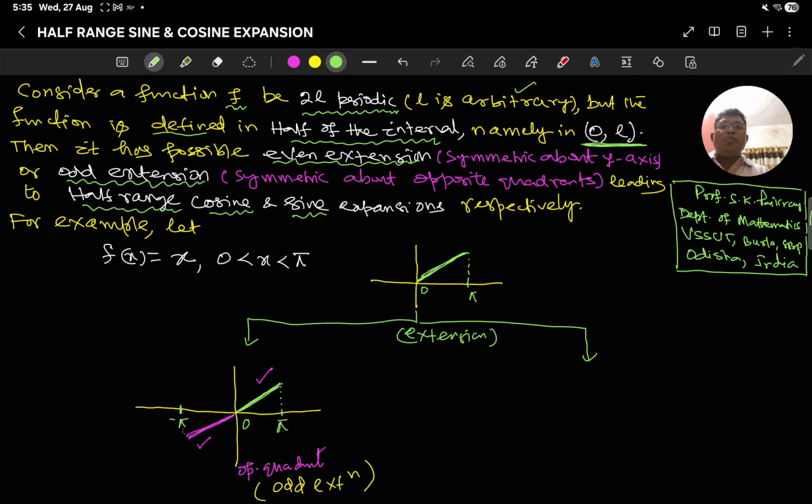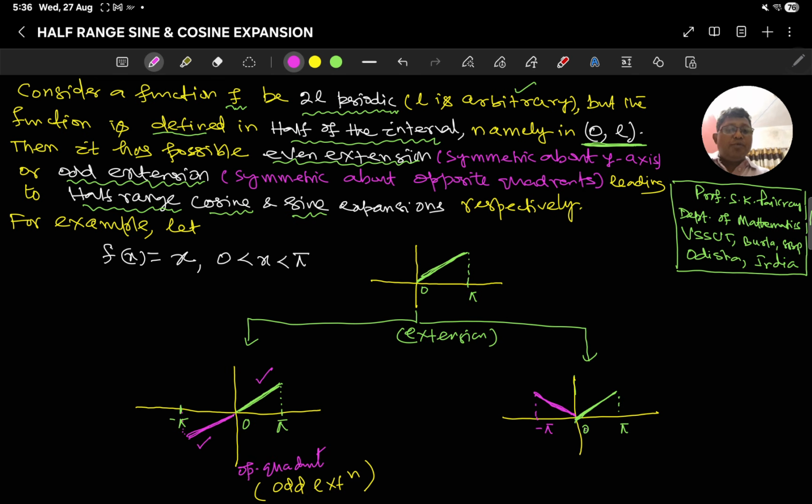Likewise, suppose we have the even extension. This is my original function, defined in 0 to pi. Suppose I extend it here in the second quadrant, so it is minus pi to 0.